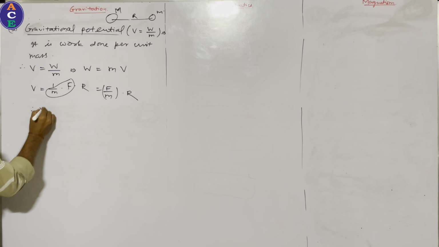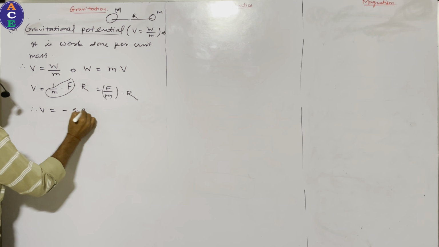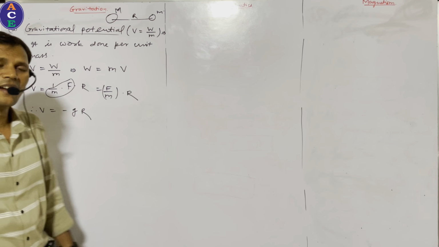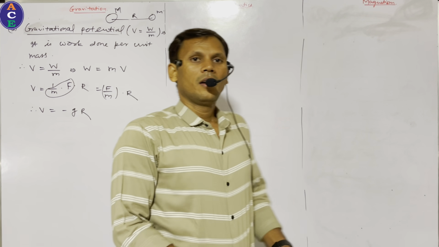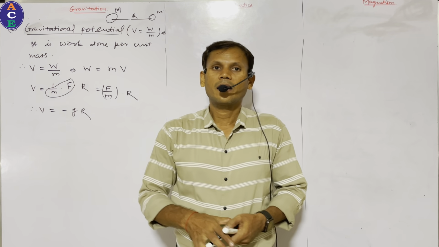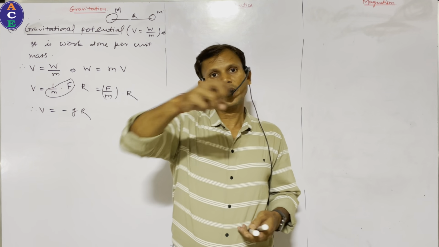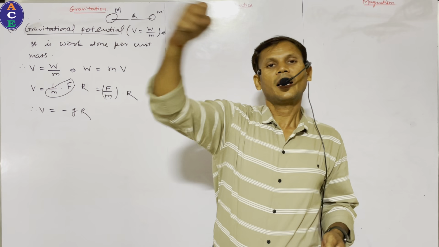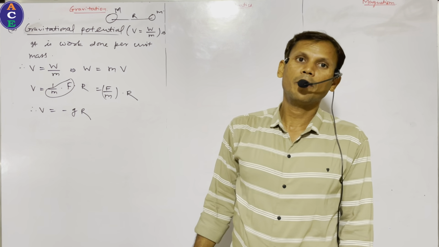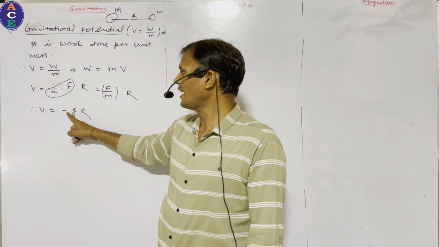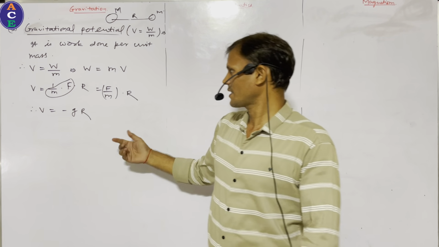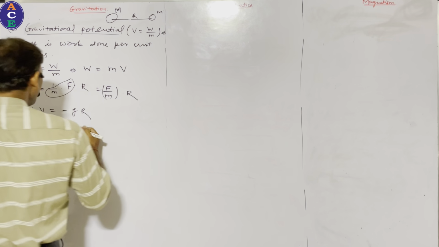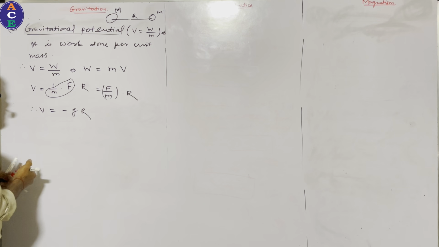That is V is equal to minus gR. Why is the minus sign there? Because what is potential? It is work done per unit mass. So if we are bringing any mass against the gravity, work done will be negative, and that negative sign is over here. It is minus gR, and we have already studied g.